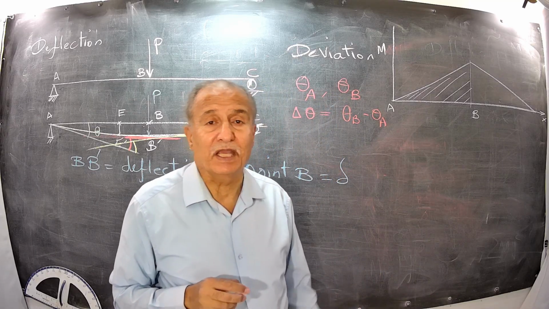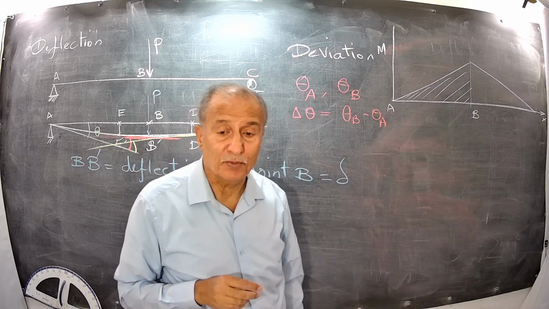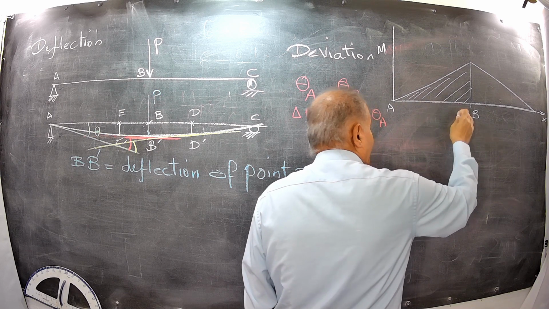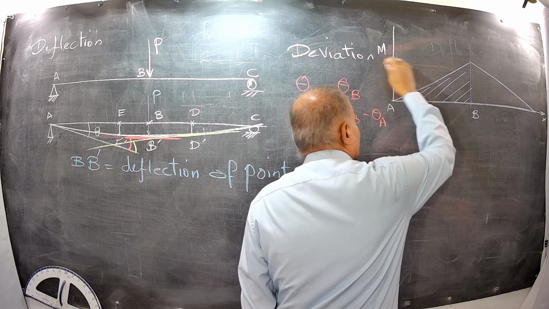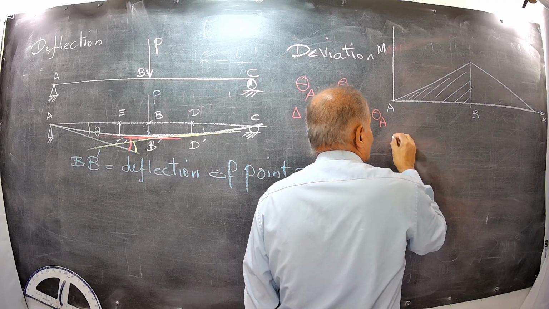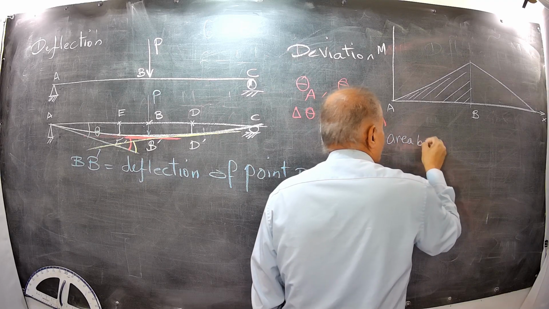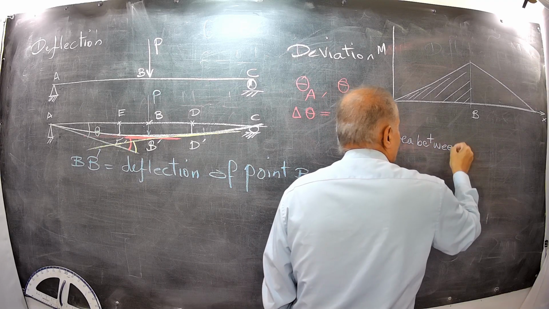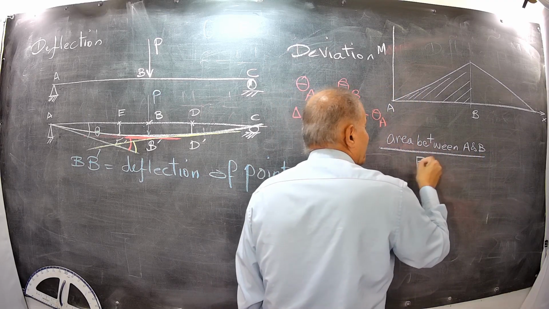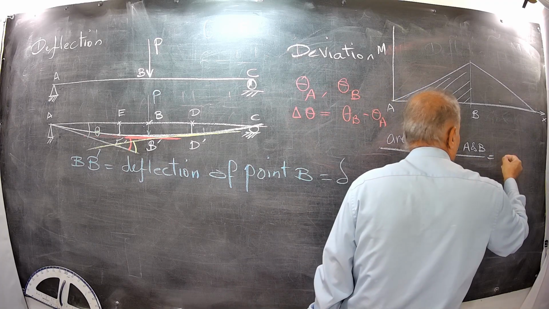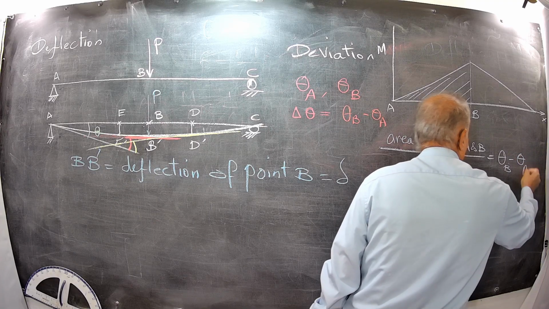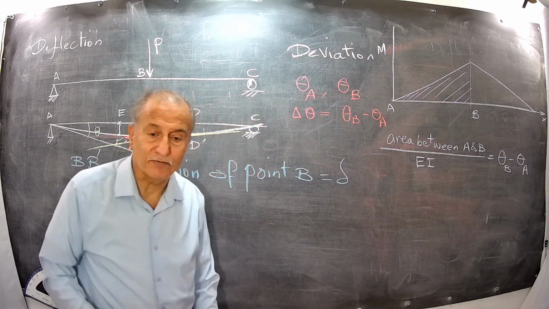I proved that the area between these 2 points of the beam, divided by EI, actually, if I divide this diagram by EI, the area between A and B divided by EI is equal to the difference between theta of A and B. That's the first theorem.